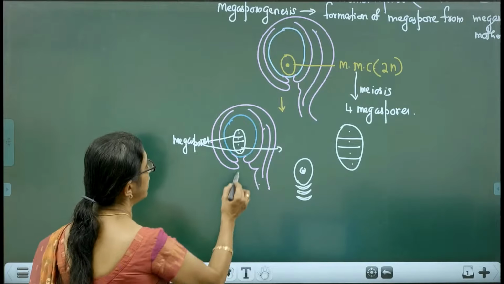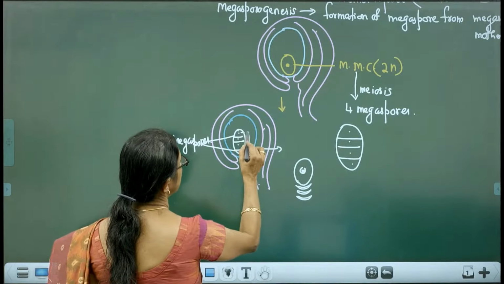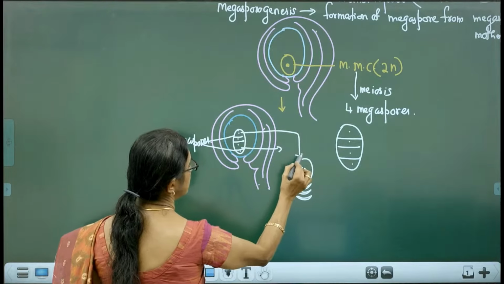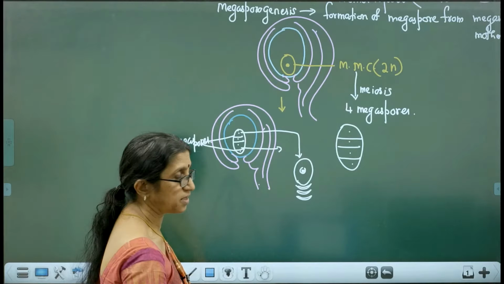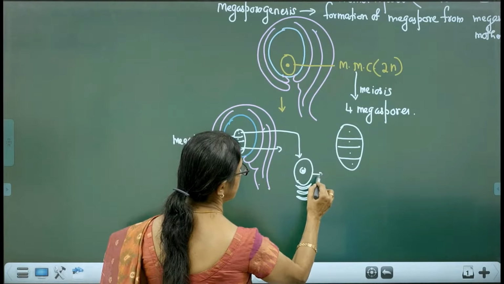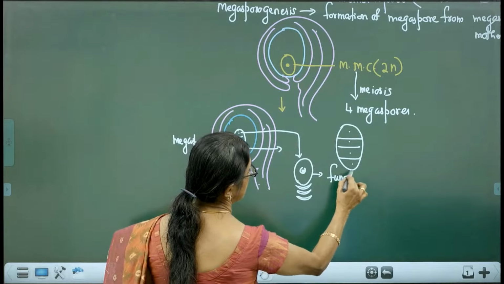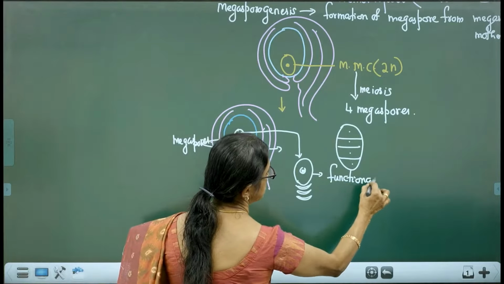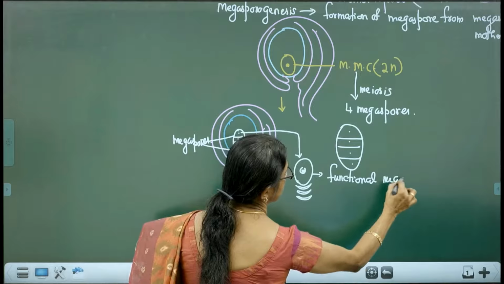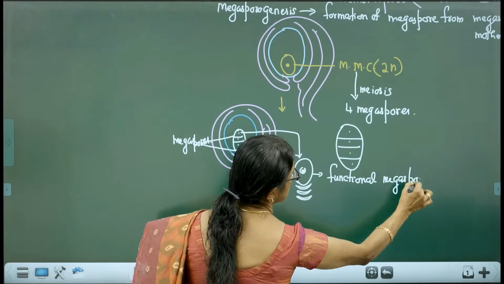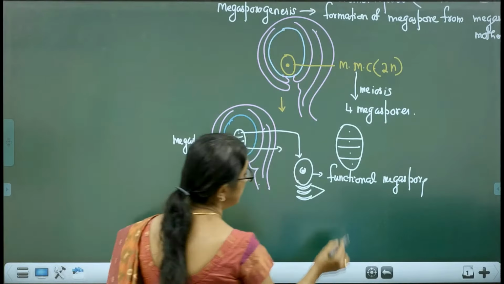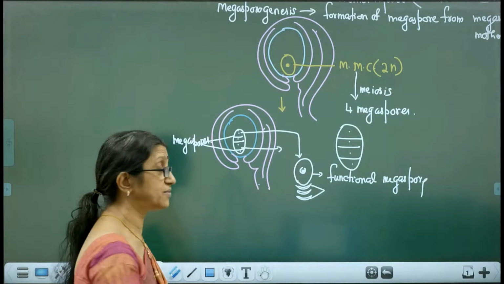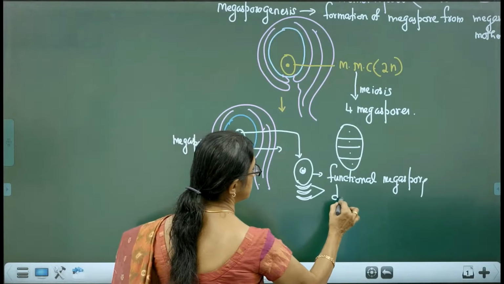So only one remains functional, whereas these 3 will degenerate. So this is the functional megaspore, and we can label the rest of the 3 as degenerating megaspores.